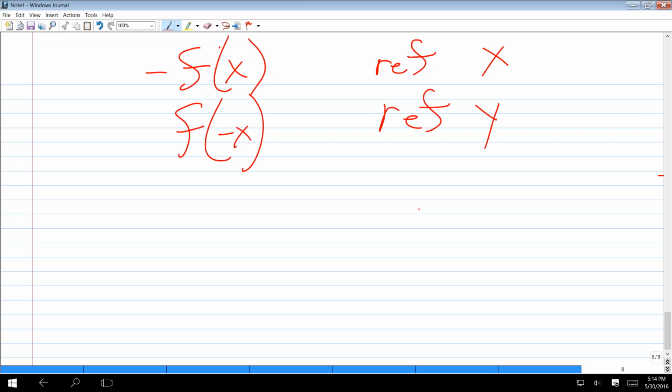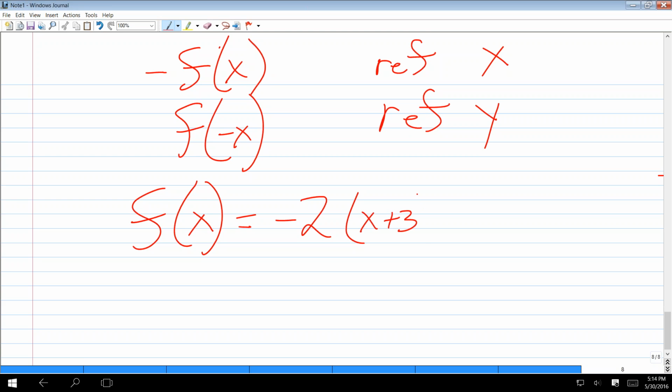Wait, no, if it was like f of x equals -2 of the quantity x plus 3, that -2 makes the graph fatter, right?